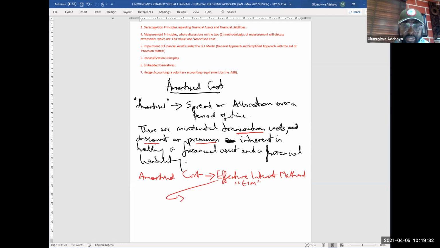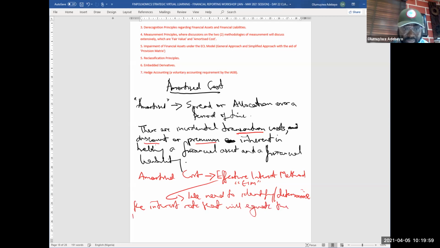The method is saying that we need to identify or determine the interest rate at which we equate the present value of outflows with the present value of what?